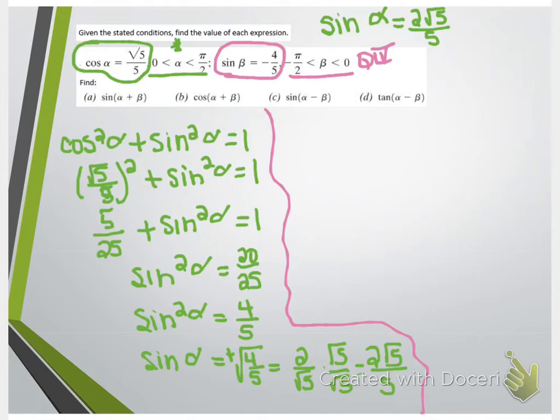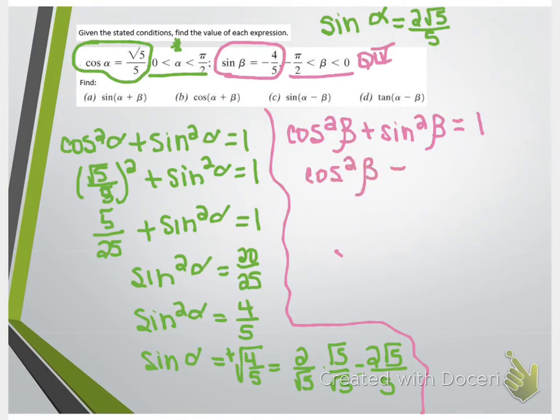I need to find what the cosine of beta is, so I'm going back again to cosine squared plus sine squared equals 1. And I'm going to substitute for sine squared, negative 4/5 quantity squared. So cosine squared beta plus 16/25 equals 1.